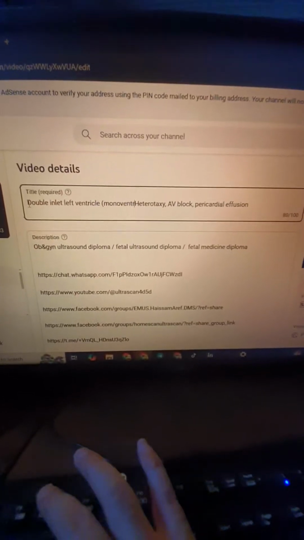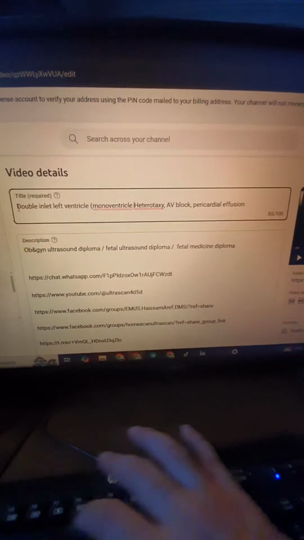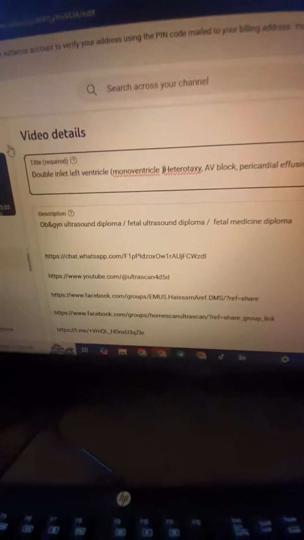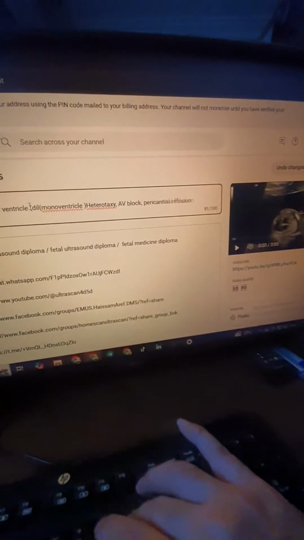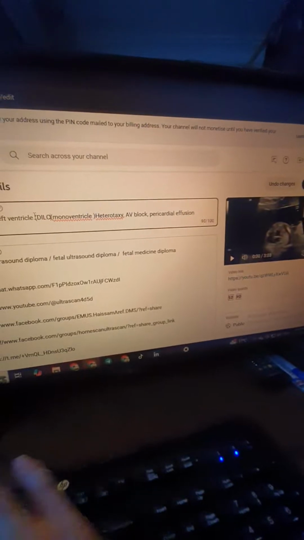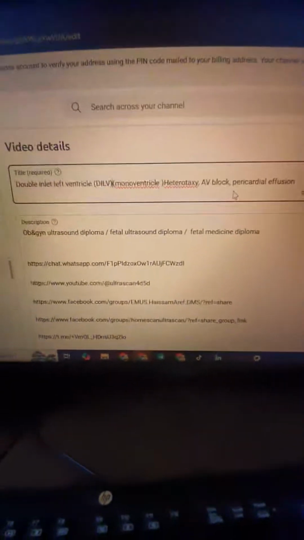We will write monoventricle, and yes, double inlet left ventricle. Monoventricle, heterotaxy, AV block, pericardial effusion, fetal echo.